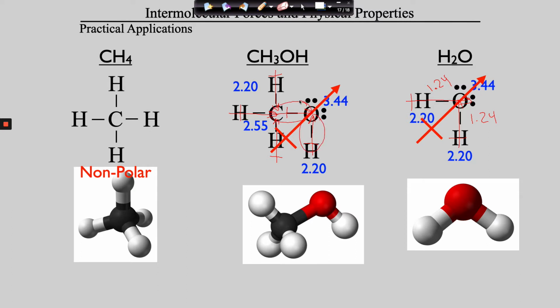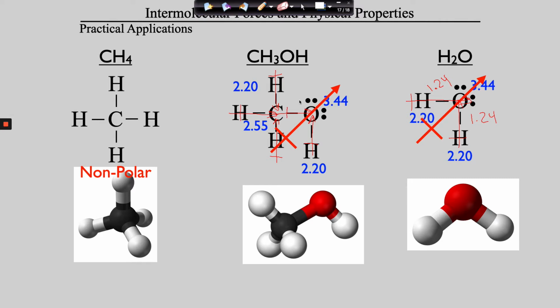Guys, the only bonds that we've got to figure out the polarity for are the bonds that are directly neighboring the overall polarity arrow. We don't have to do these subtractions because they're not as important. So all we've got to do is look at these two bonds. Did you catch that? That's important.